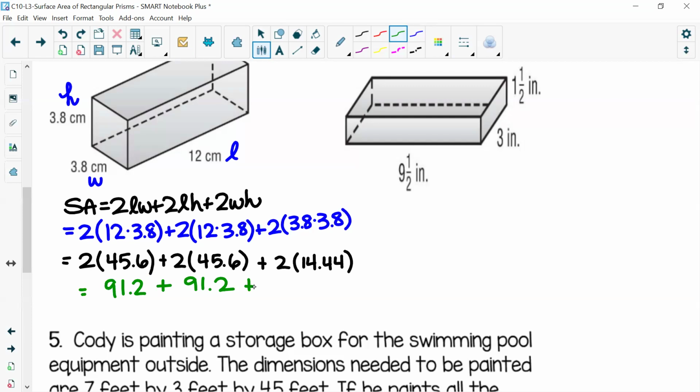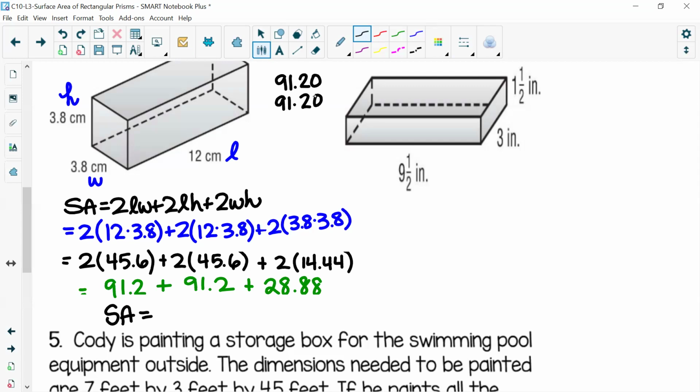And last but not least, we have 14 and 44 hundredths times 2, which is 28.88. So now we're going to add those up. Surface area equals 91.20, I'm going to annex that 0 there.